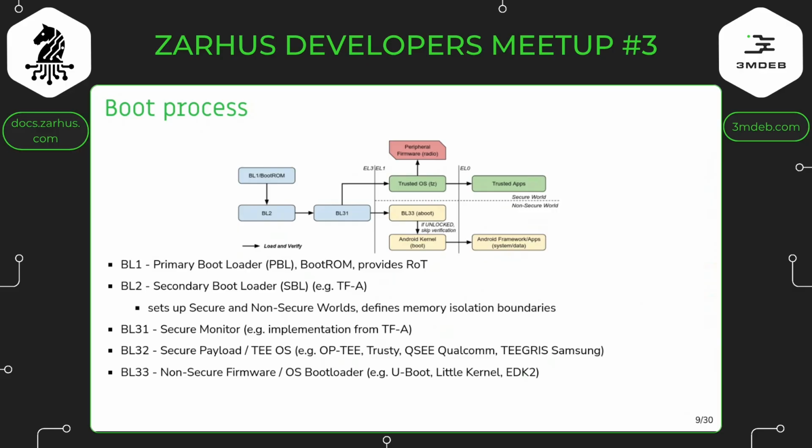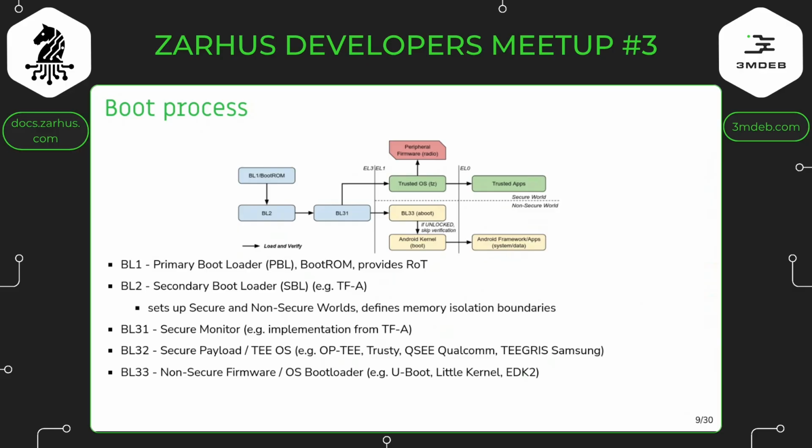So this secondary bootloader also loads further bootloaders. We have a secure payload, which is the trusted execution environment OS. It can be Trusty, as an example from the previous slide, or it can be some, for instance, Qualcomm or Samsung specific operating systems.